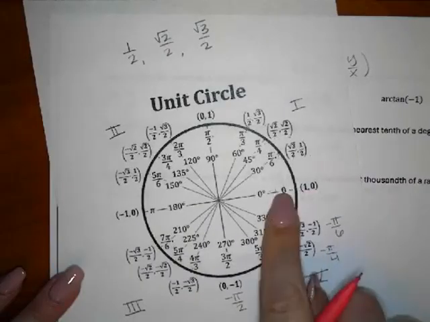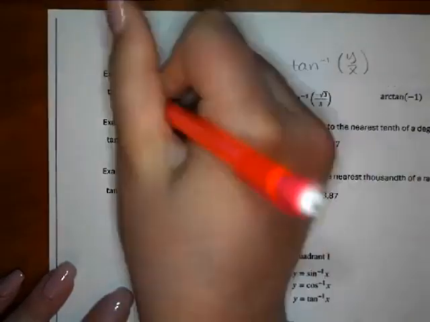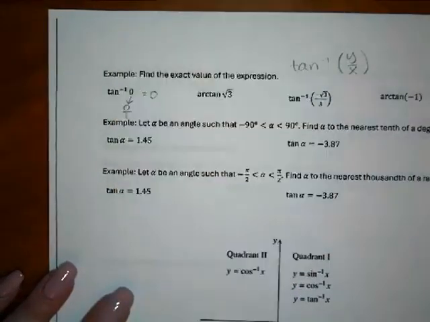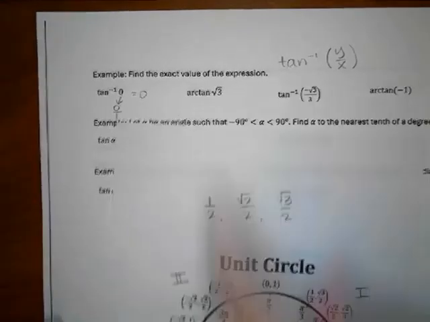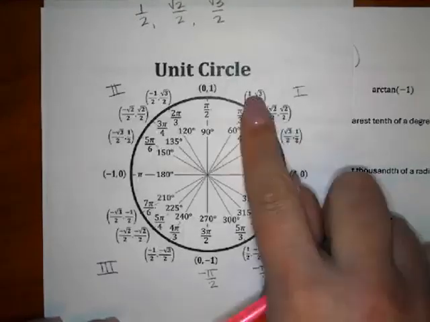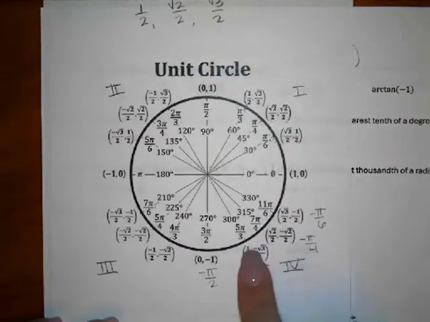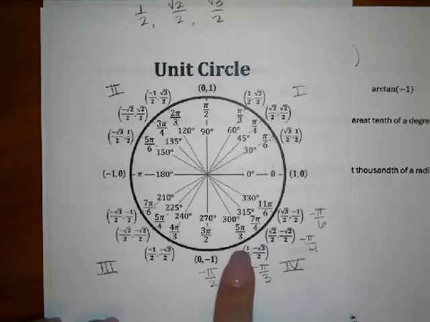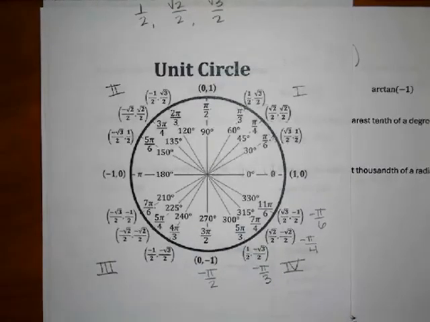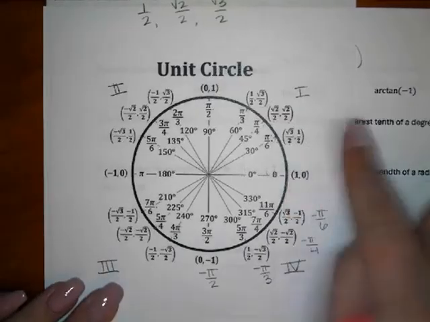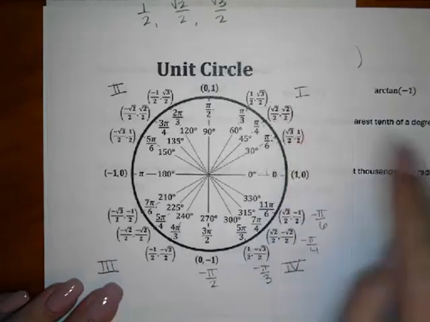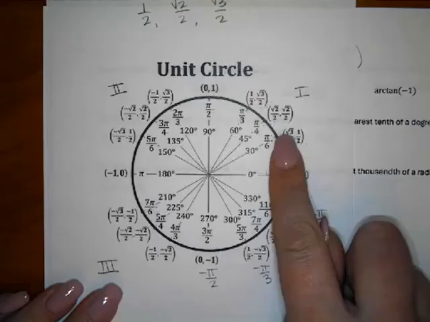Okay, root 3 would come from one of the angles that has a root 3 in it. So it's not going to come from down here, because then it would have been negative. You would have had a negative y coordinate divided by a positive x coordinate, and you would have ended up with a negative. So we're definitely dealing with one of the ones up here. If we think about y divided by x, for this one, we would have had 1/2 divided by root 3 over 2.